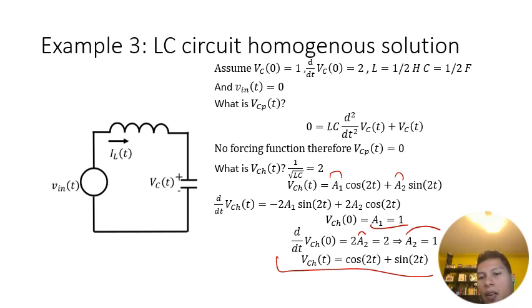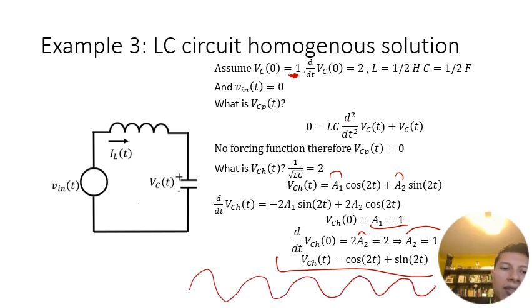But something interesting here is that if this circuit is initially at 1, it will continue to oscillate to infinity, even without any sources. This system resembles a pendulum in the sense that it keeps going back and forth, back and forth.